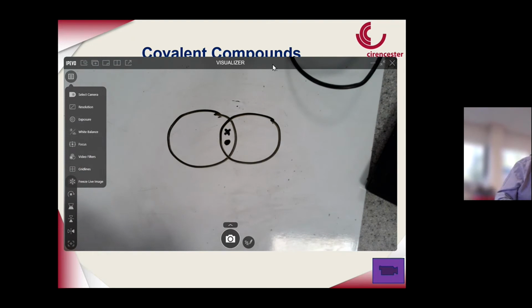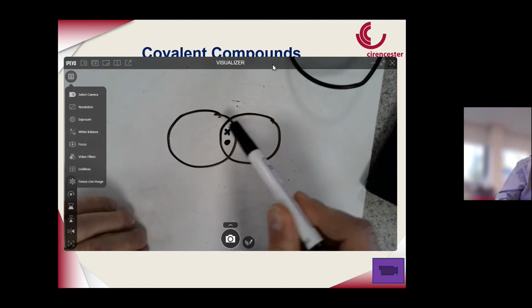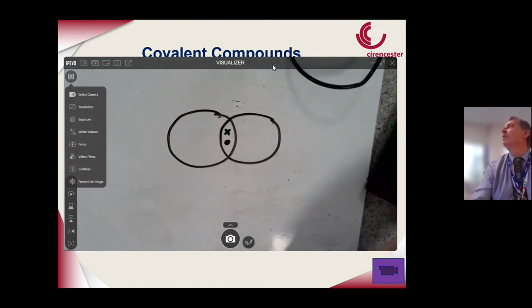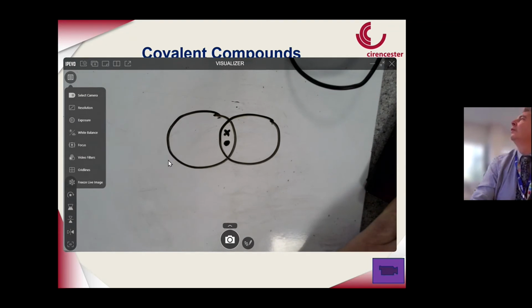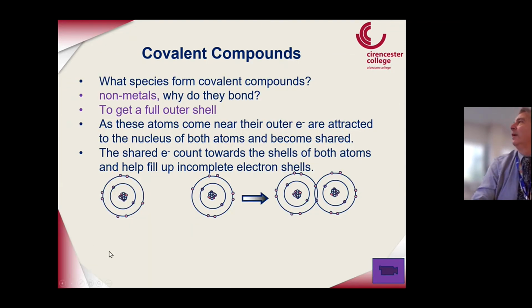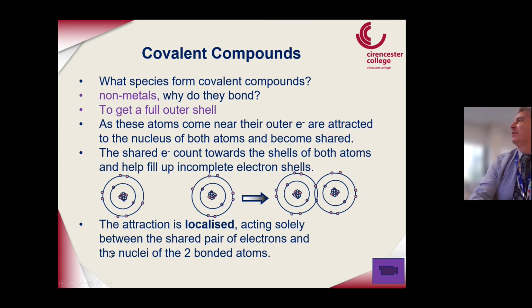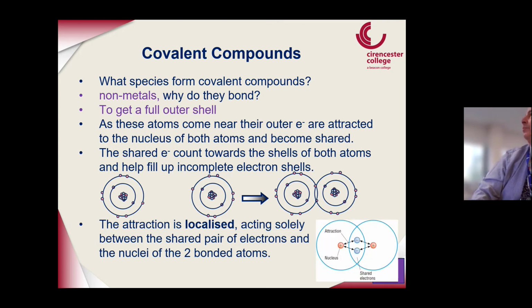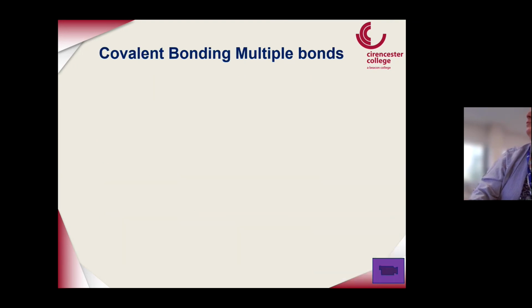It's much clearer and ends up being less messy than when it's on the actual lines. So it's localized. It's acting between the two bonded atoms, and they're sharing a pair of electrons between their nuclei.